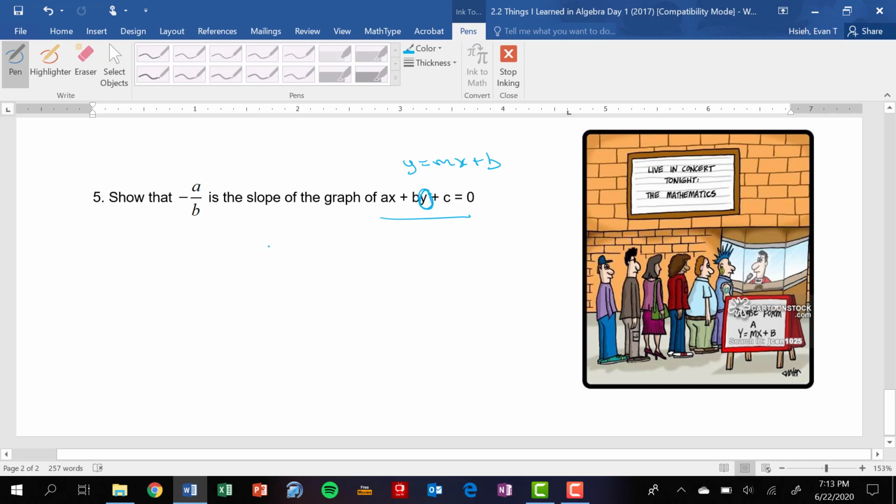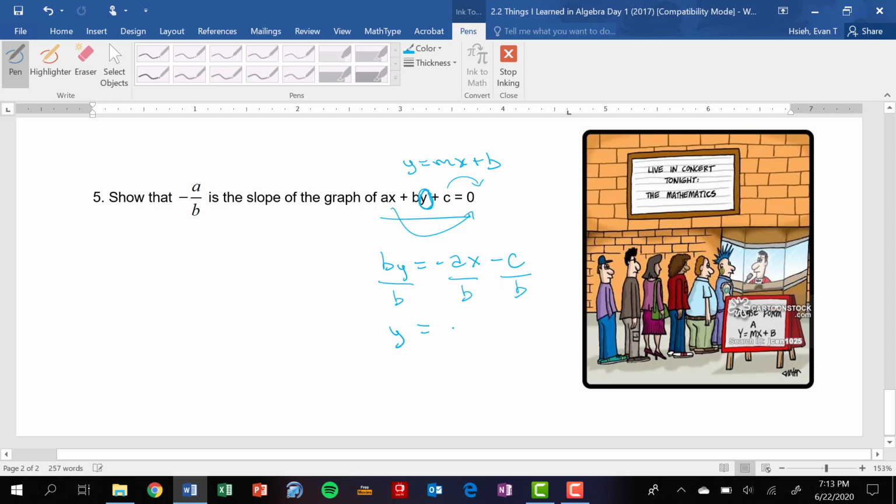So I can bring the b over to this side, bring ax over to this side. So I get by equals the opposite of ax, plus c. Divide everything by b, so divide every term in the equation by b.